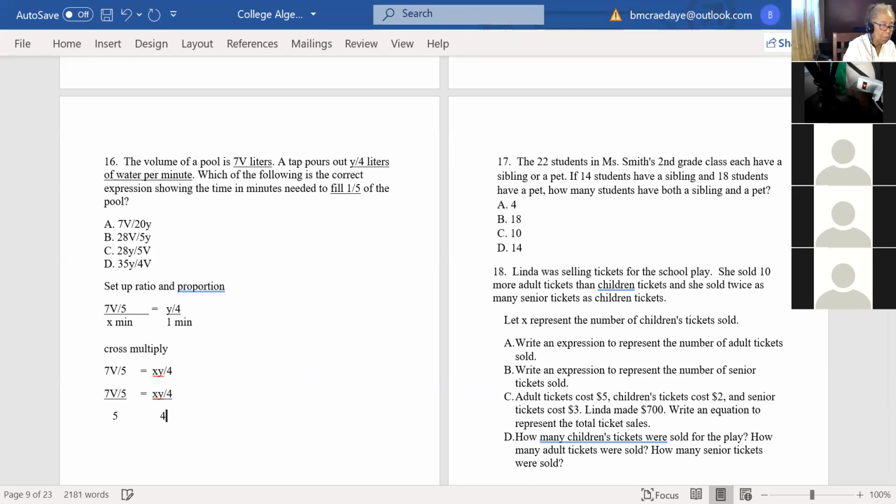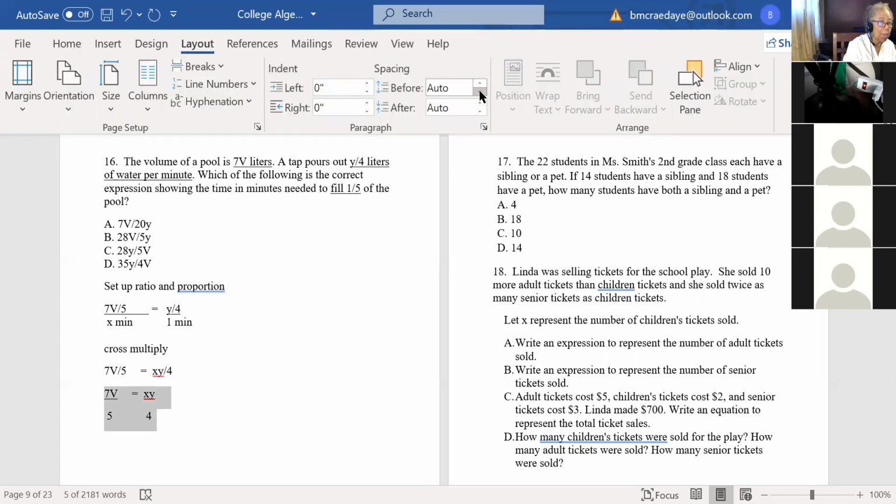Let's just move this over and put the 4. This way, and let's just put this closer. It looks clearer that way.